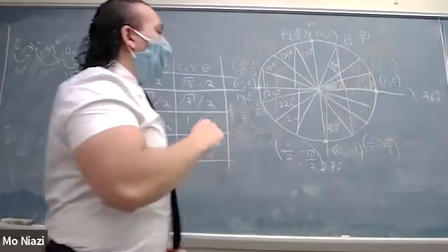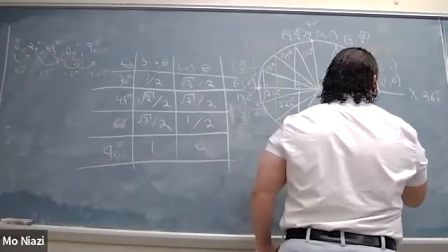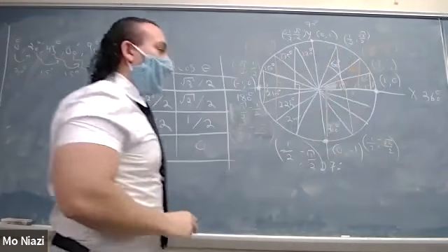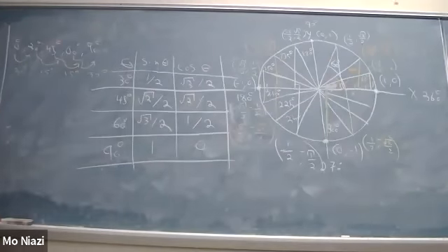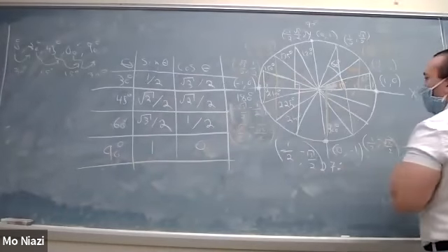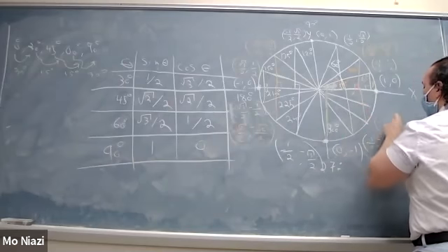Why? In the fourth quadrant and across. Okay. What's the next one? Negative square root of 2 over 2.